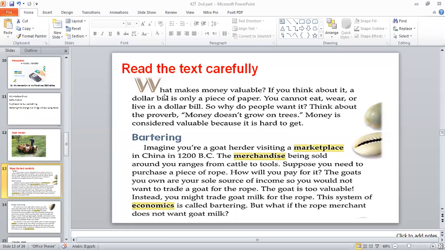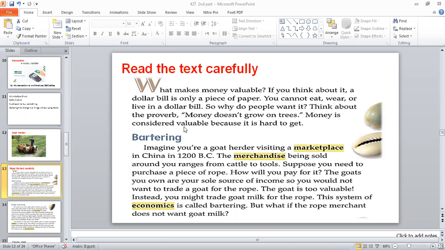What makes money valuable? If you think about it, a dollar bill is only a piece of paper. You cannot eat, wear, or live in a dollar bill. So why do people want it?